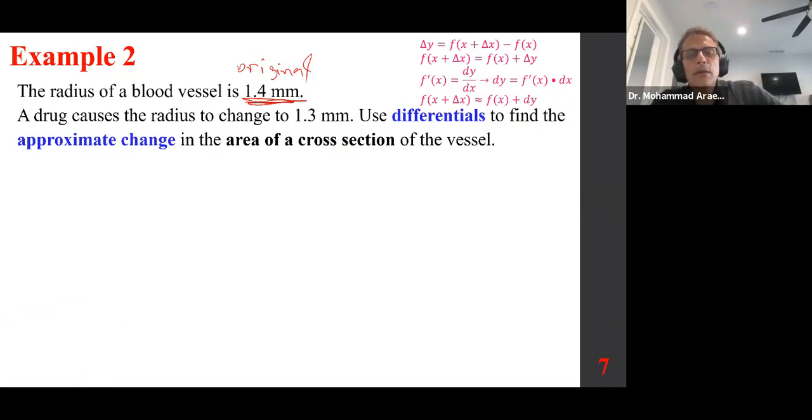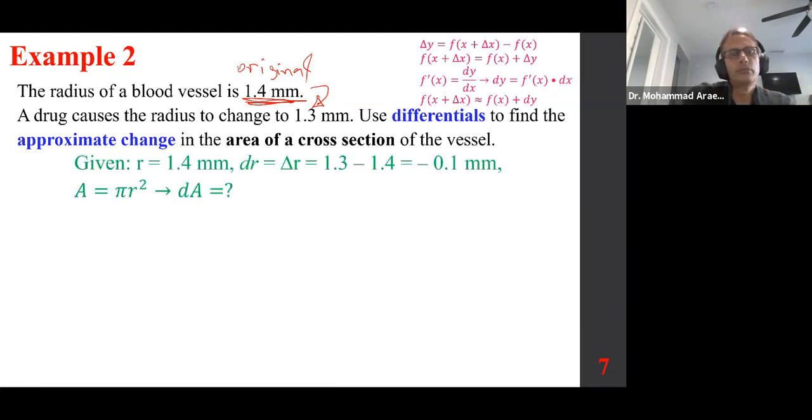And the change takes place and it goes to 1.3. Now the change is delta r, or dr, or delta x. In this case, x is not the independent variable. And it is important to pay attention to the sign. Because it goes down, it's negative. If it goes up, it's positive.